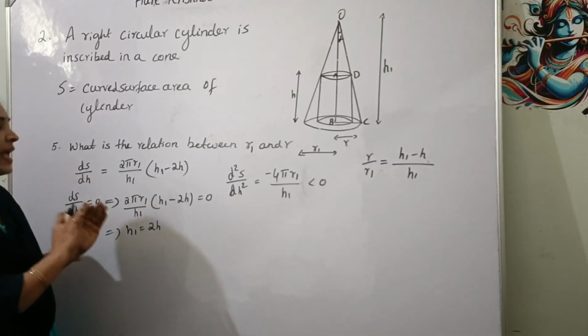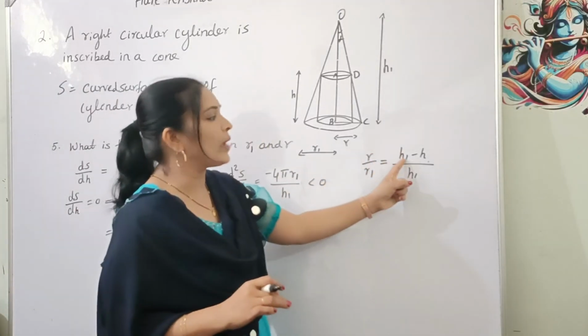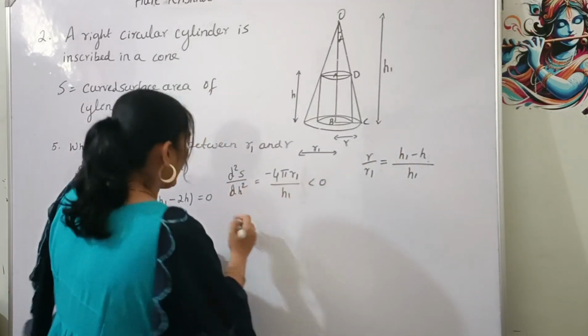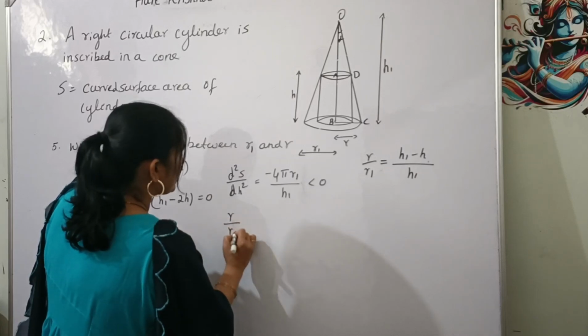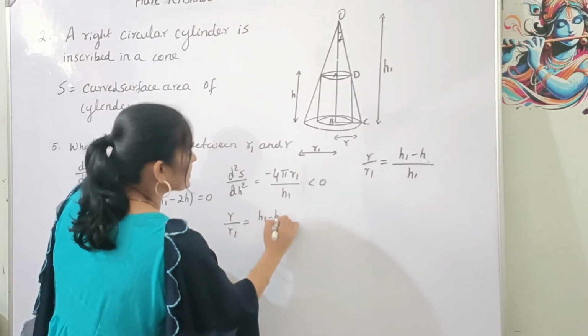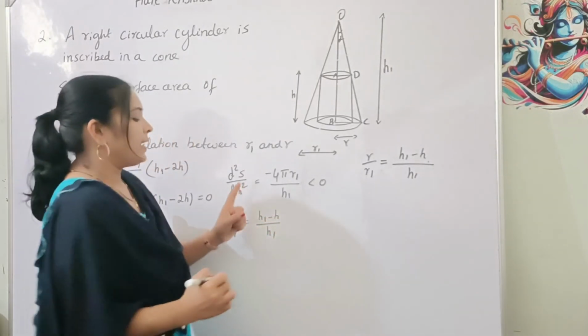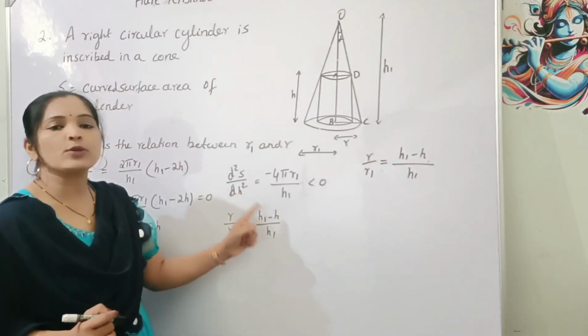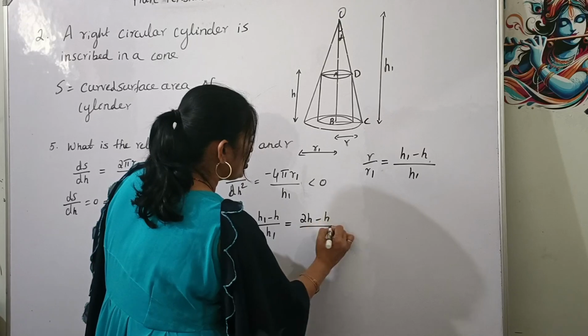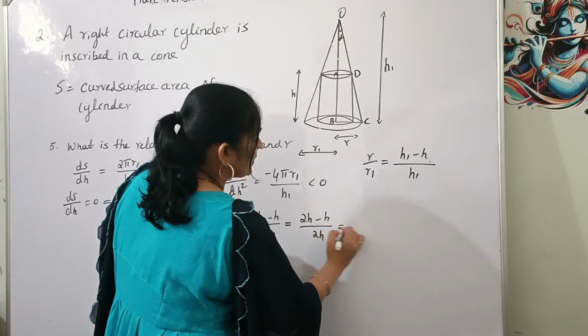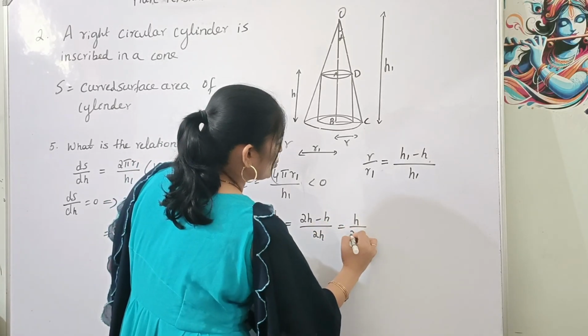So therefore we can substitute H1 equal to 2H in this equation. We had got the expression R divided by R1 is equal to H1 minus H divided by H1. Let's substitute H1 equal to 2H. That is 2H minus H divided by 2H, that is H divided by 2H.